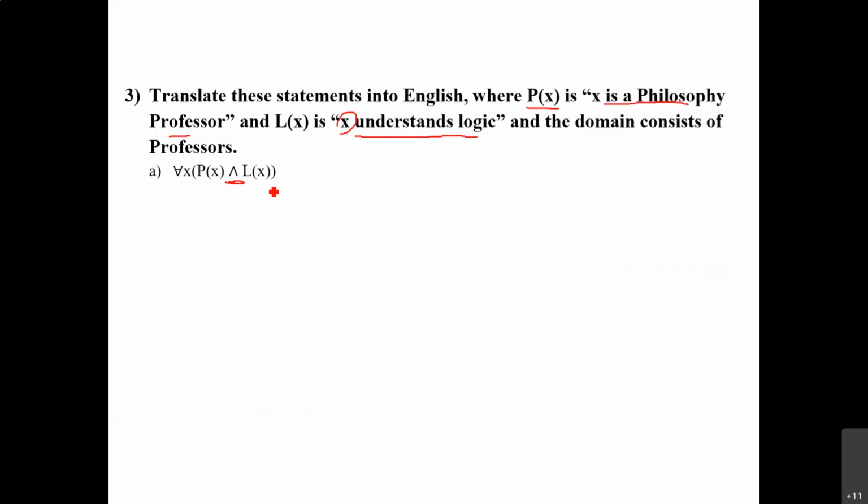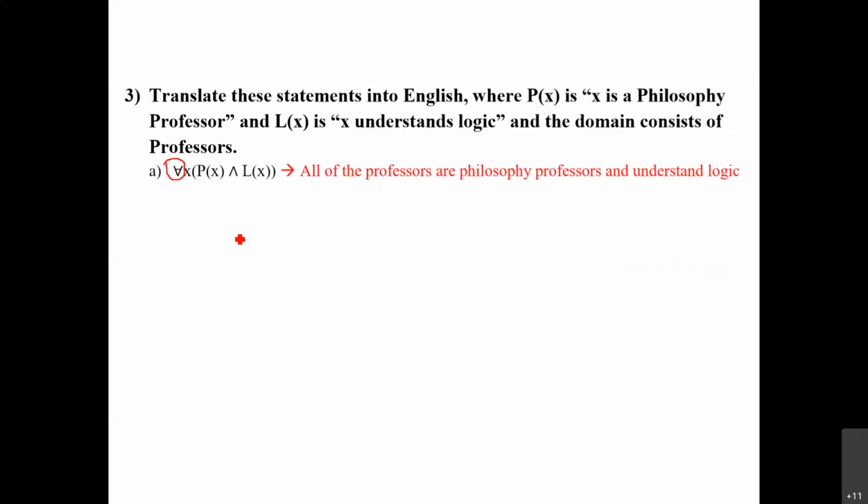So this gets translated into this. Since we say this, it's for every. So this means for every, or you can read it as for all. It means all the possibilities work.